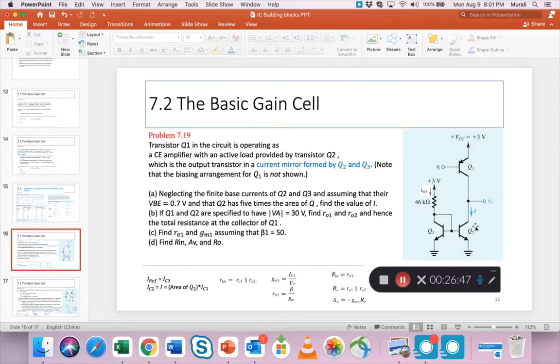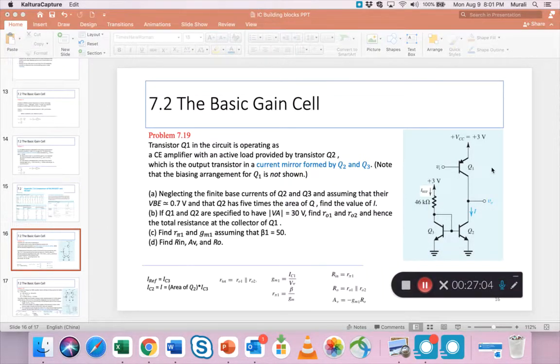Q2, the current mirror, right? Q2 is connected to Q1 as the load, and Q3 helps to create the reference current, right? We've seen this for MOSFETs in a little more detail, but we didn't discuss too much about the BJT version. So I thought, let's do this problem and learn a little more about the BJT version, right? And the formulas and the problems.